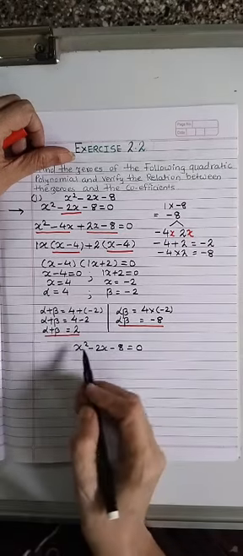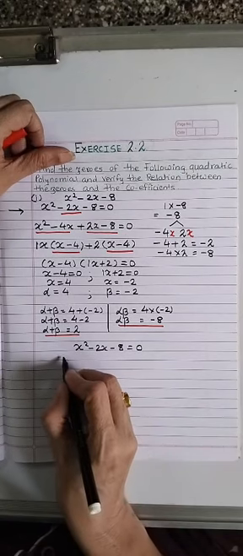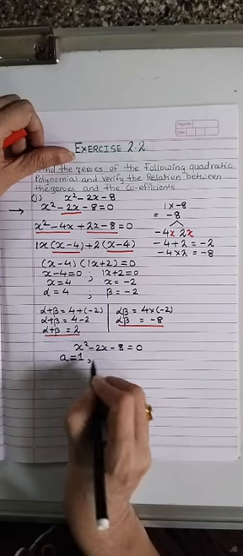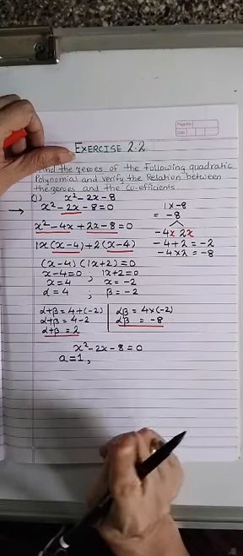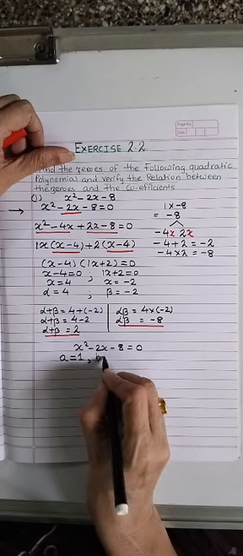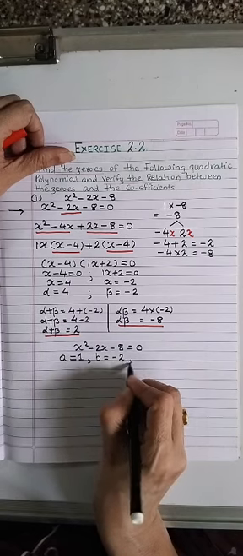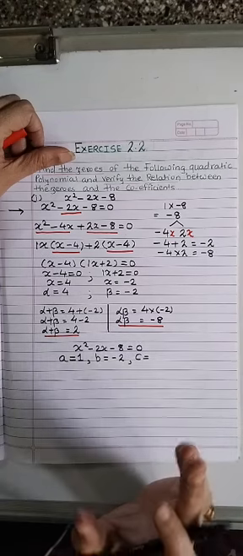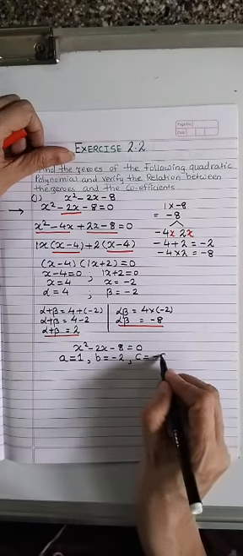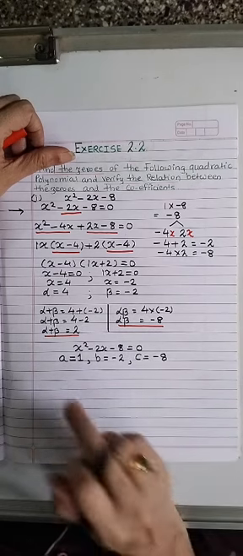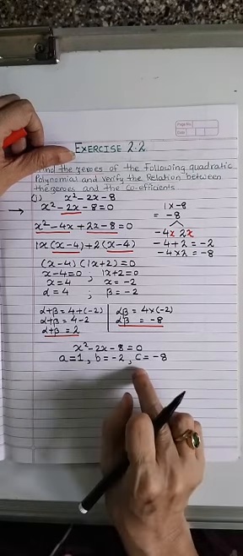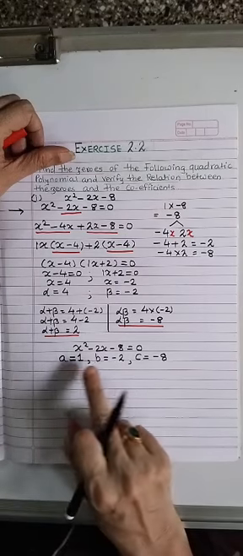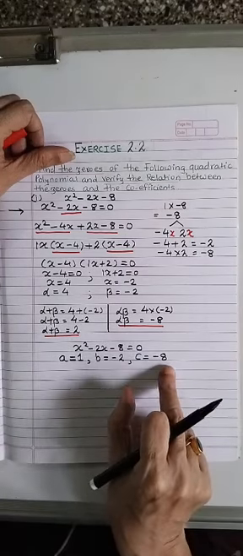In this equation the coefficient of x square is indicated by a, so a is equal to 1. Coefficient of x is indicated by b, so in this equation b is equal to minus 2. Constant is indicated by c, so here c is equal to minus 8. Do remember that while we write the values of a, b and c, we write it along with the sign. So a is 1, b is minus 2, c is minus 8.